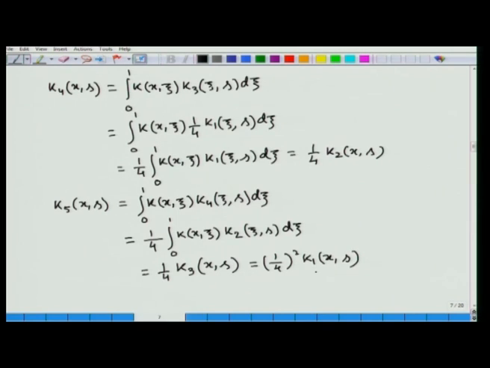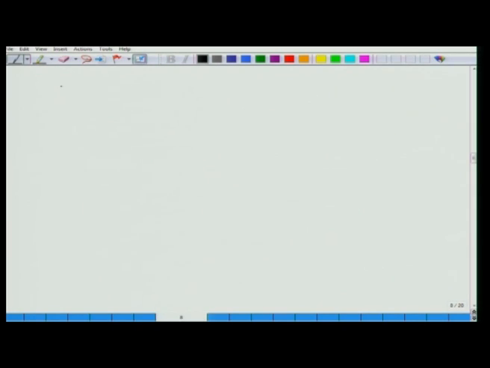So, with these few results we can claim that in general we will be having this recursive formula, that is k(n+1)(x,s) is equal to 1/4 k(n-1)(x,s). This result is valid for n greater than or equal to 2.